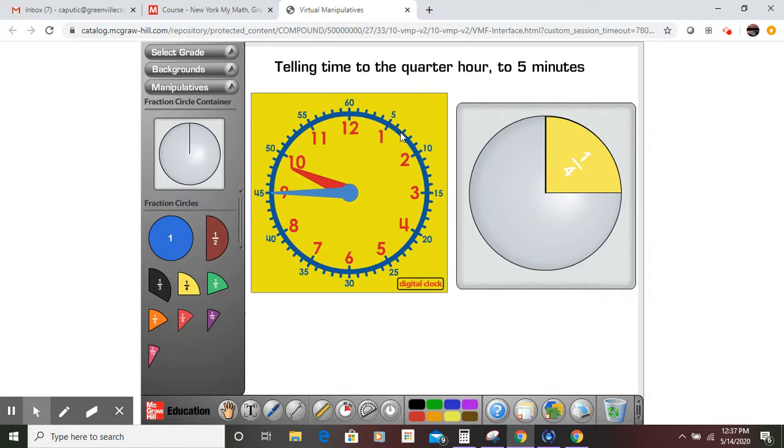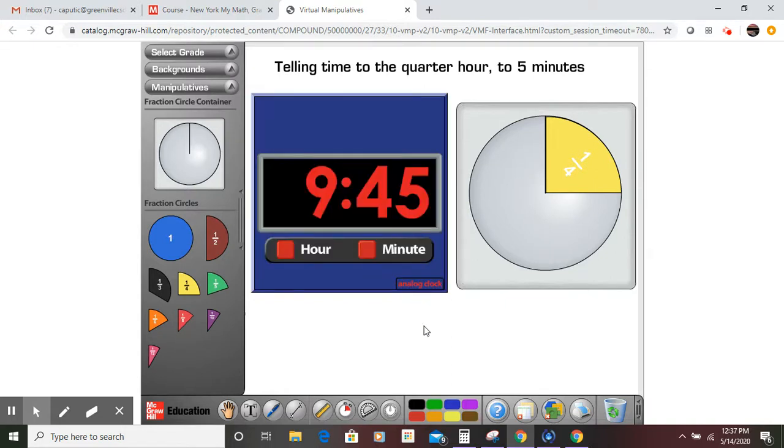We can skip count by fives to get to the 9. Or if you remember that a half an hour is 30 minutes, you can skip count from the 6 or 30 minutes. So, yep, 9 groups of 5 is 45. So he ran and hid at 9:45.